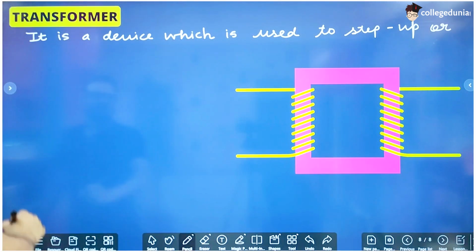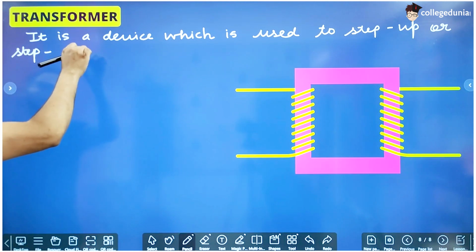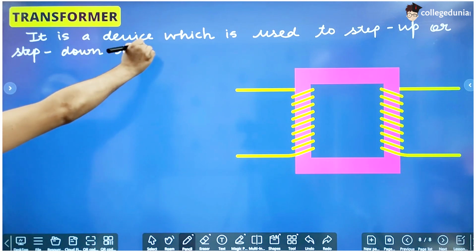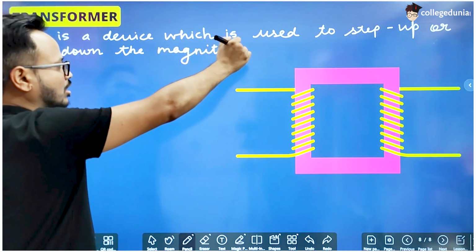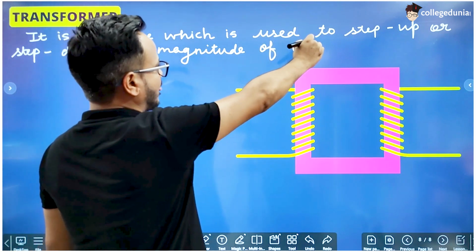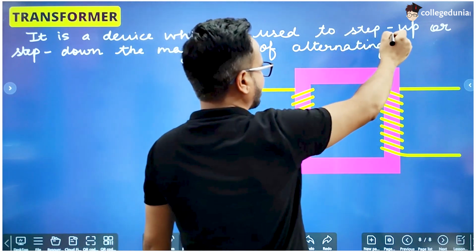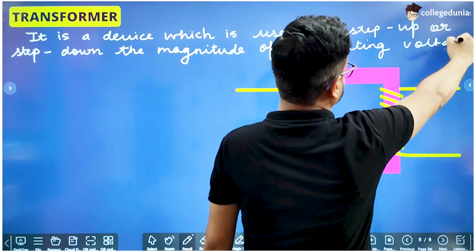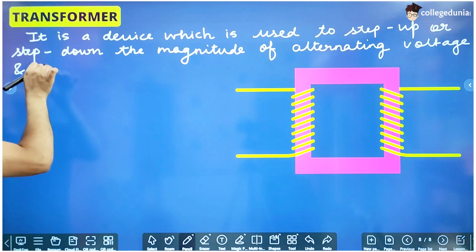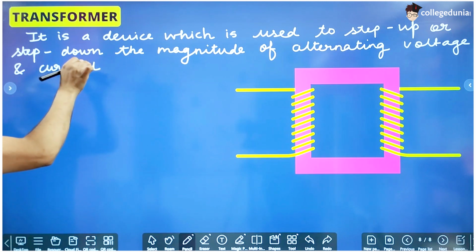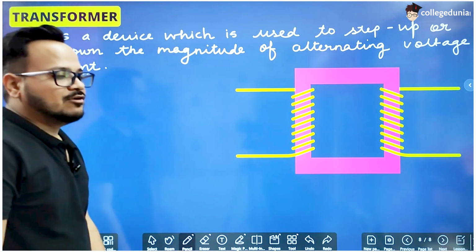It is a device which is used to step up or step down the magnitude of alternating voltage and current.